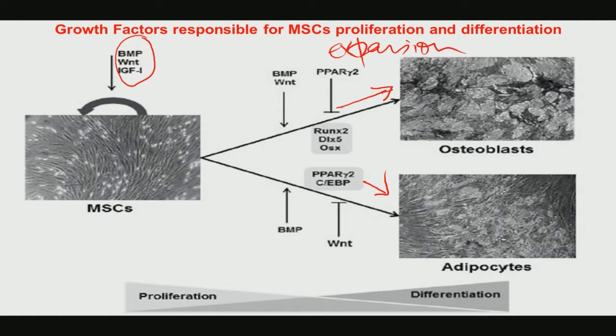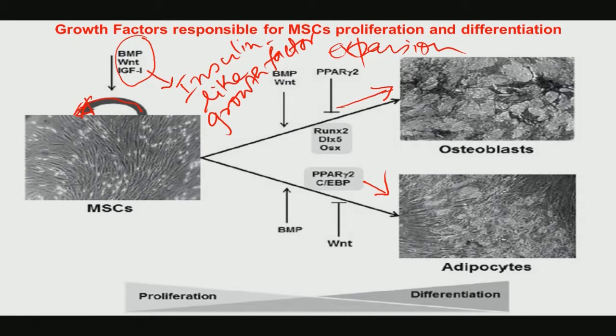Bone morphogenic protein, WNT, and insulin like growth factor 1, IGF. I think I mentioned insulin like growth factor while discussing cell signaling processes in one of the earlier modules. This arrow means that it helps in the expansion of the stem cells. So, they still remain as mesenchymal stem cells, not yet differentiated to a specific cell type.